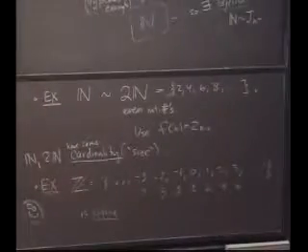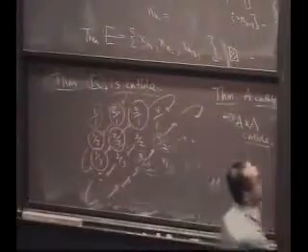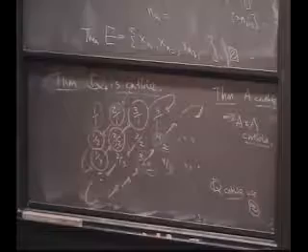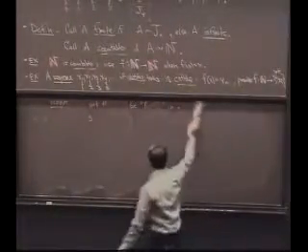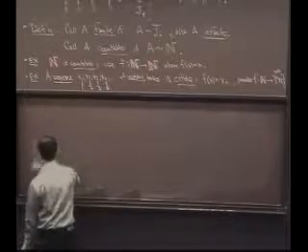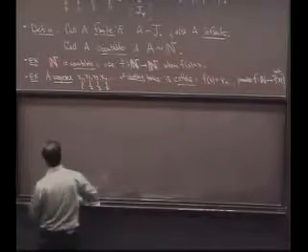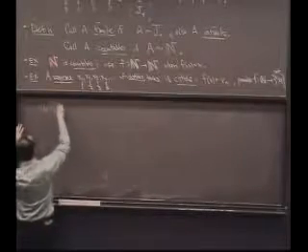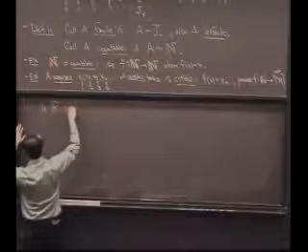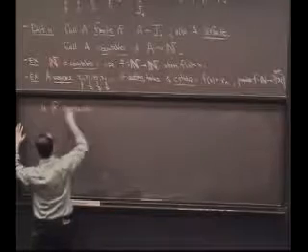What's the next set we might worry about? Yes, are the real numbers countable? That's a question some of you know the answer to, and some of you, I realize, don't. So here's a question. Is R countable? Can you list all the real numbers?